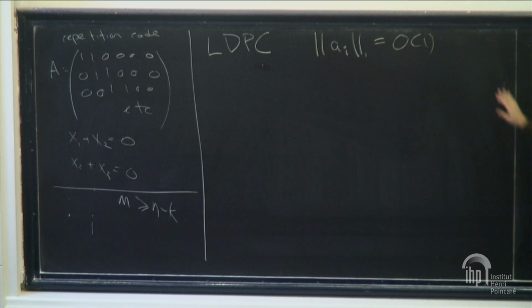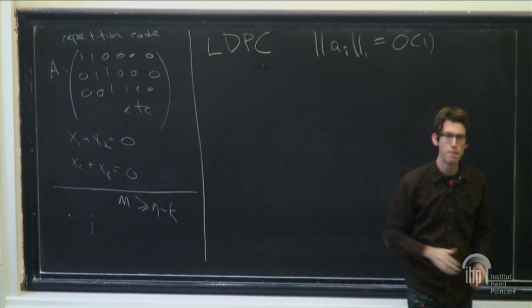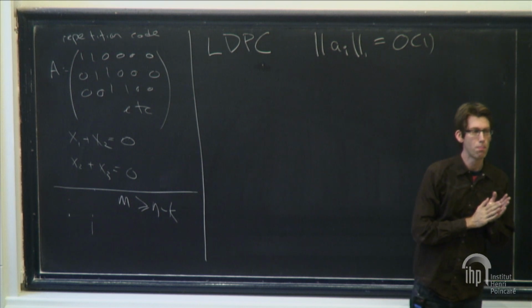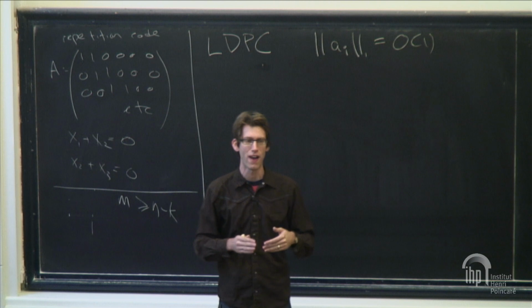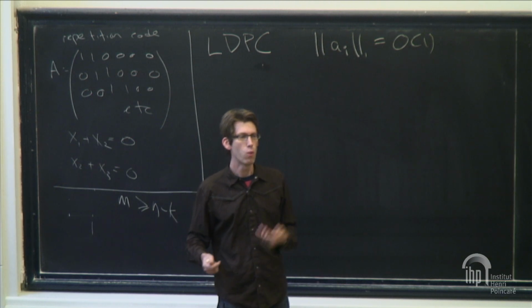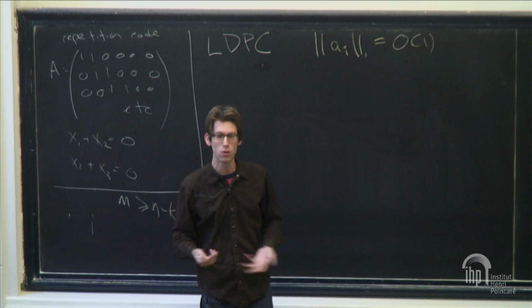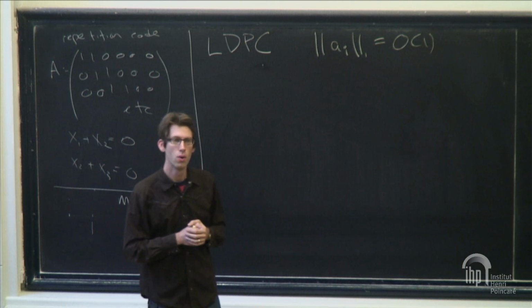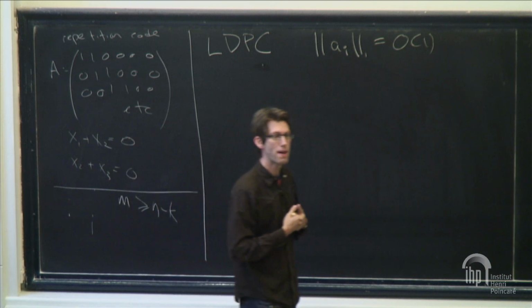This is all I want to say about coding, about how to protect information. There's one important thing which is missing here, which is robustness. To be in the code space means you satisfy all of the checks. But what if you just satisfy most of the checks? Is there any kind of guarantee you can get in that case? There are a few reasons why this might be helpful.